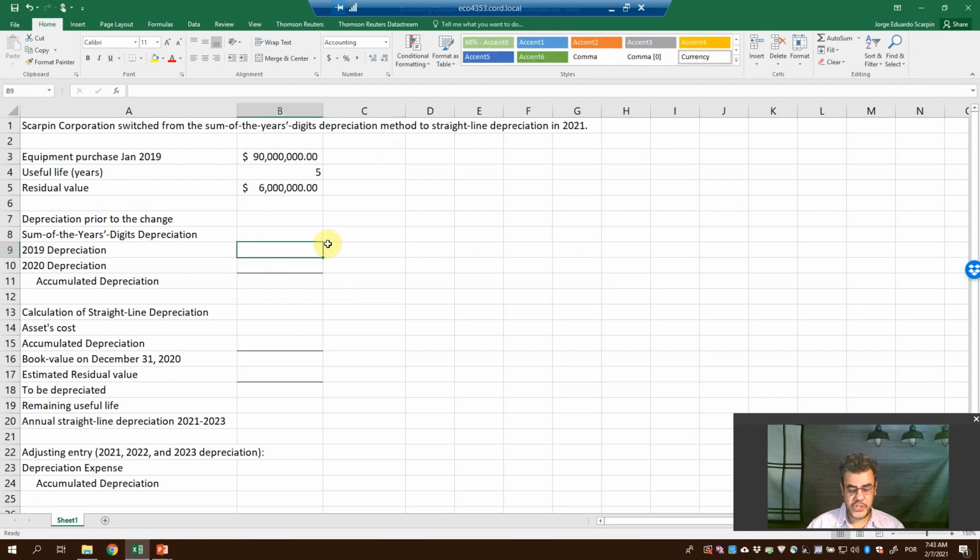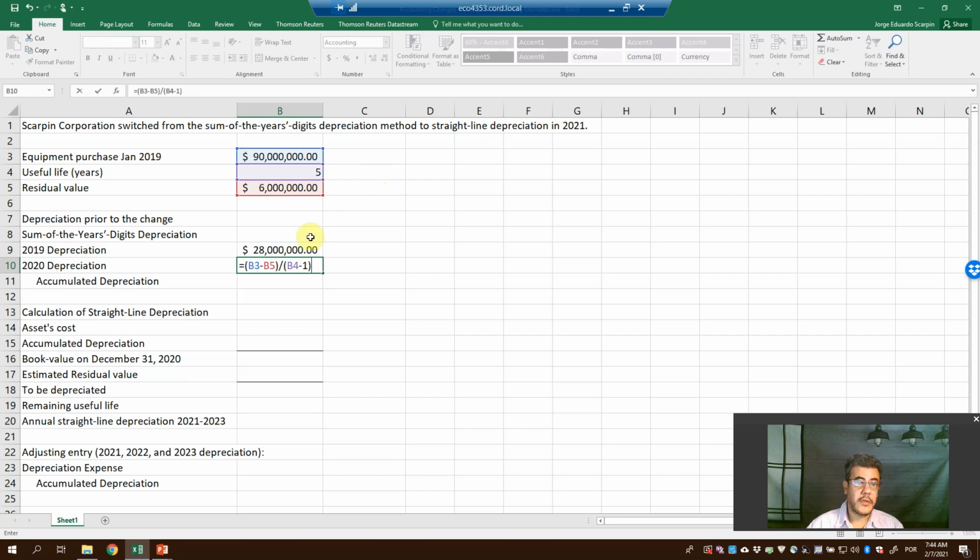2019 depreciation equals 90 less 6 times 5, useful life, divided by 5 plus 4 plus 3 plus 2 plus 1, sum of the digits method, $28 million. 2020, 90 less 6 times 4, not 5, less 1.